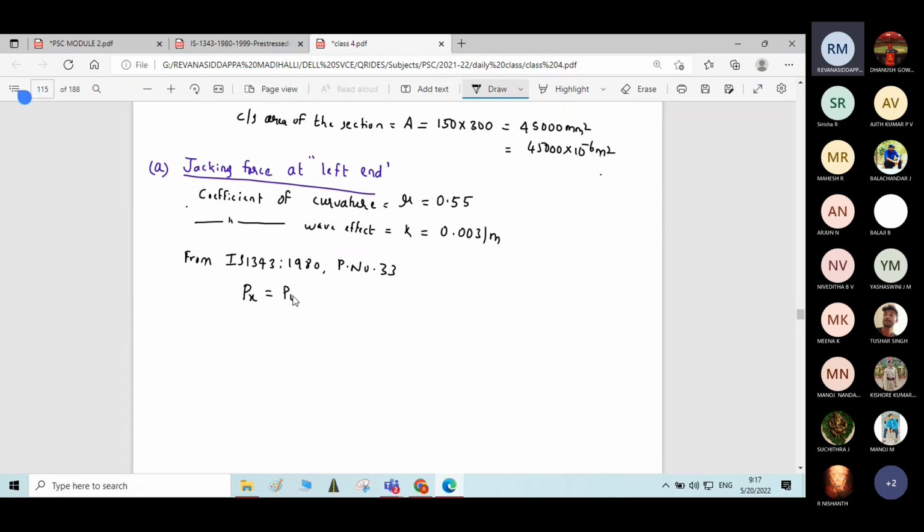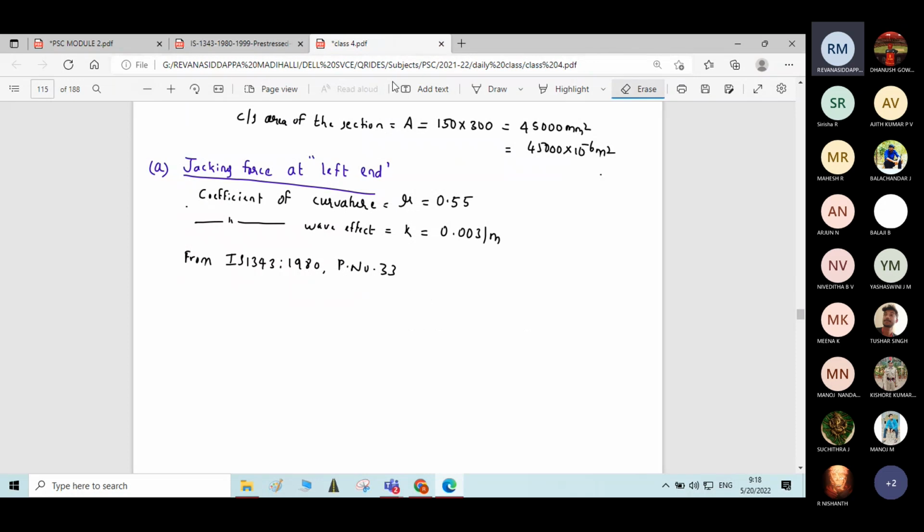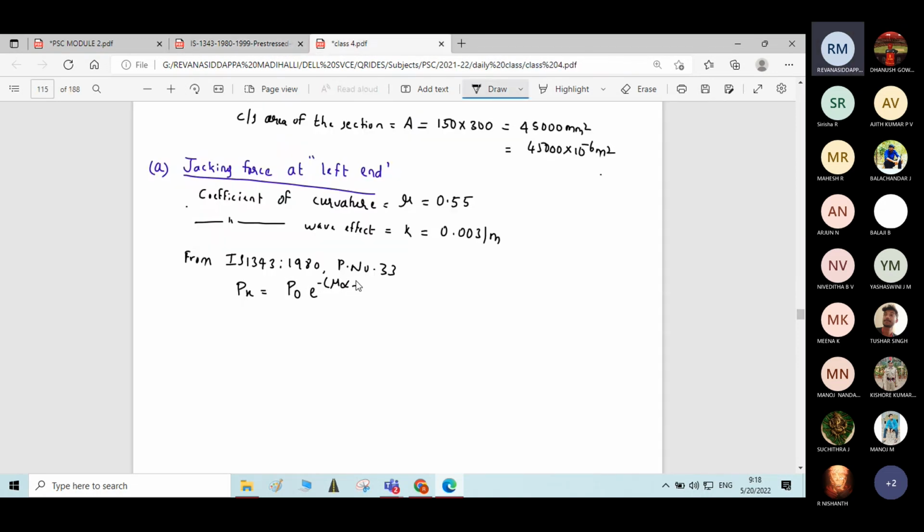Px is equal to P naught into e power minus (mu alpha plus Kx) is the formula which is available in the code book.